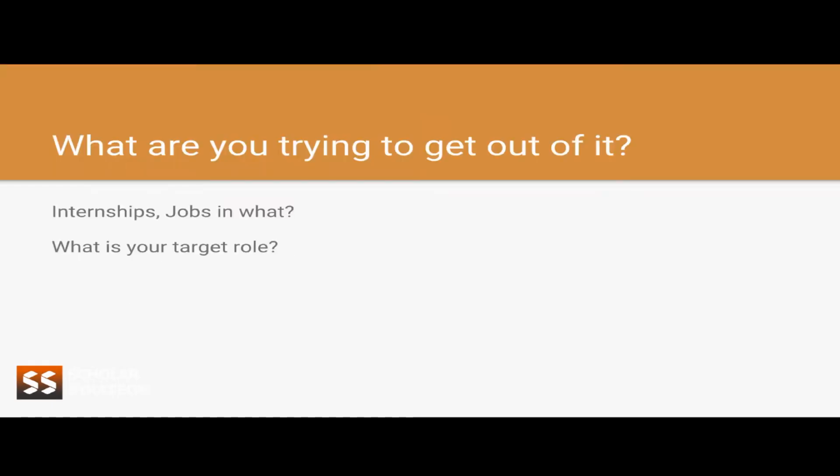As you all know, I'm a big picture kind of person. LinkedIn is not a single thing. It is a part of your overall job strategy. So to create an effective profile, you first need to have a clear idea of what you are aiming for. Think clearly about what kind of roles and what industry you are looking at, and have 2 or 3 shortlisted job roles that you're trying to target.